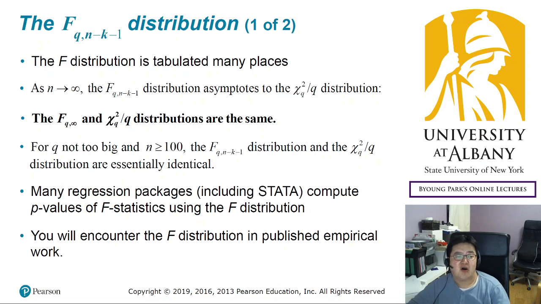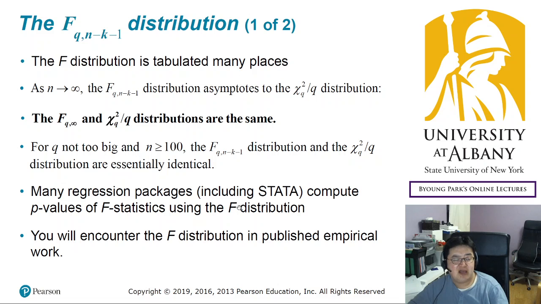Because of this, when the sample size is large enough, there is little difference between the F distribution and the chi-square distribution. That also means you do not need to know what the F distribution is. However, Stata and many programs like Excel compute the p-values using the F distribution.